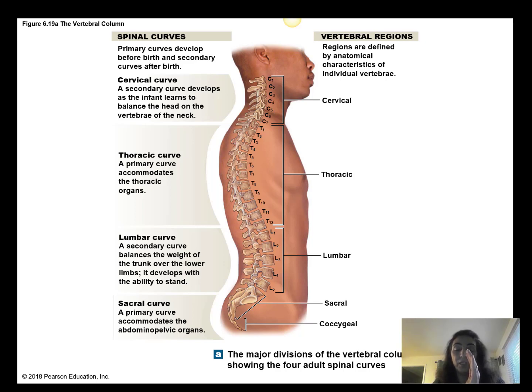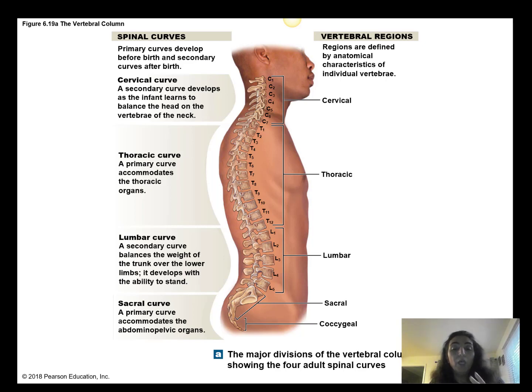That is concave, like a cave, concave toward the anterior side of the body. These are the first two curves that we have when a person is born, and we call them kyphotic curves, and those are primary curves. So the thoracic curve and sacral curve are kyphotic, and they are primary.